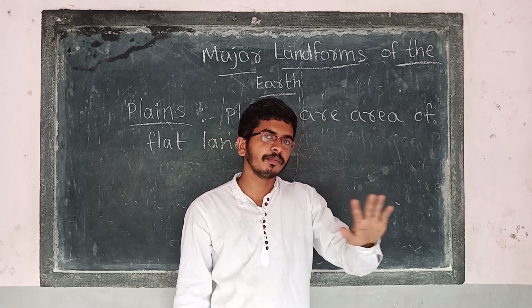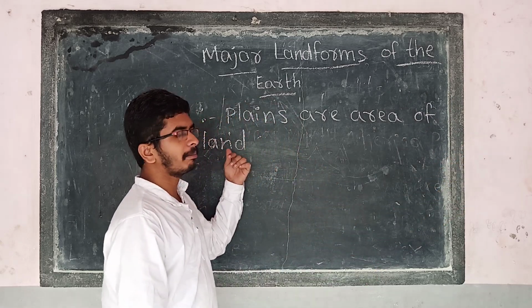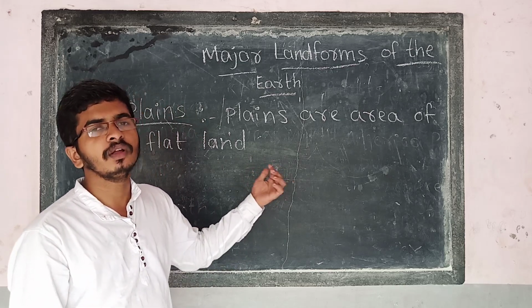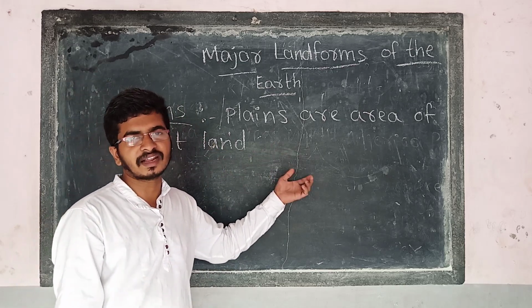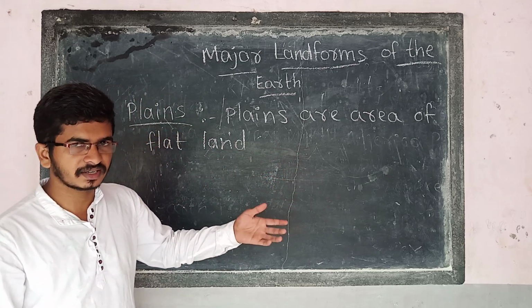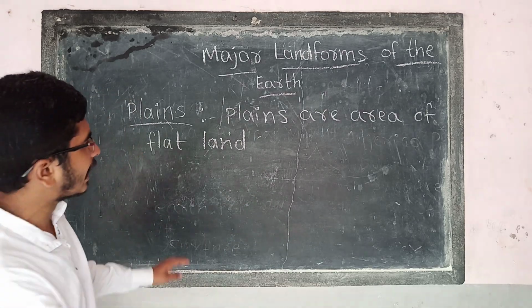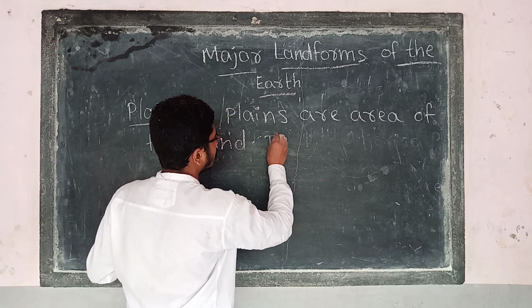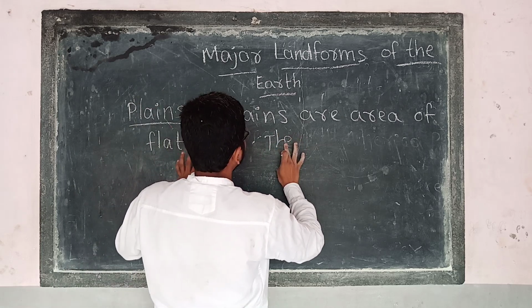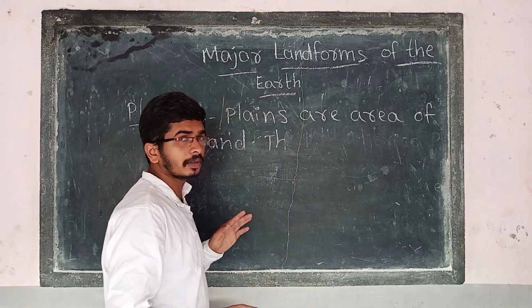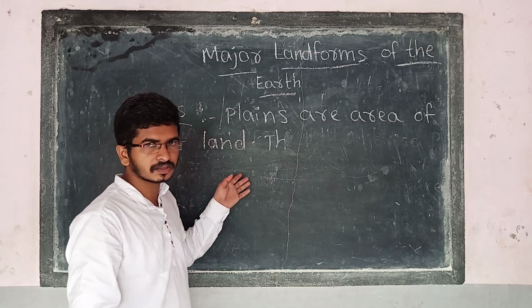But most of the people live on the plains because it is suitable for agriculture, fertile, and has many industries, many things. Clear? And they are highly populated. Only on the plains do many people live. Will people live in the hills?